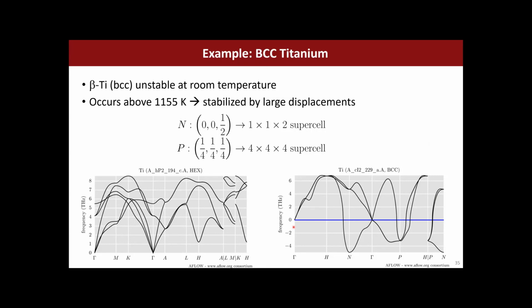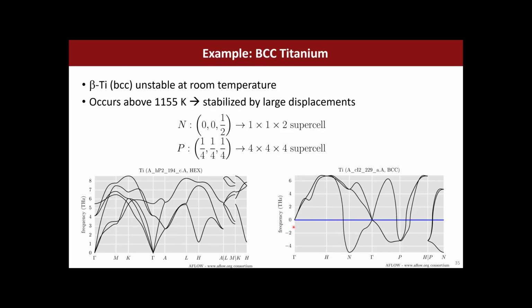Omega square, frequency square, is negative. And that means that at 0 Kelvin, titanium in the BCC structure is dynamically unstable. It would create a distorted structure. However, above 1155 Kelvin, these displacements are large enough to actually stabilize the structure.